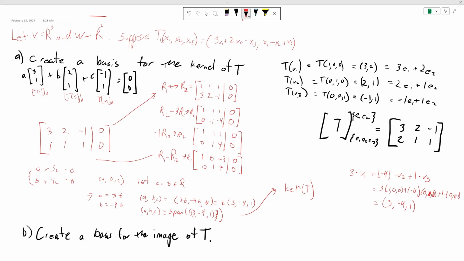Now, while they're the same, it's because I used the standard basis. If a different basis is used, this must change. But this means that the kernel of T is equal to the span of the set containing the vector 3, minus 4, 1.